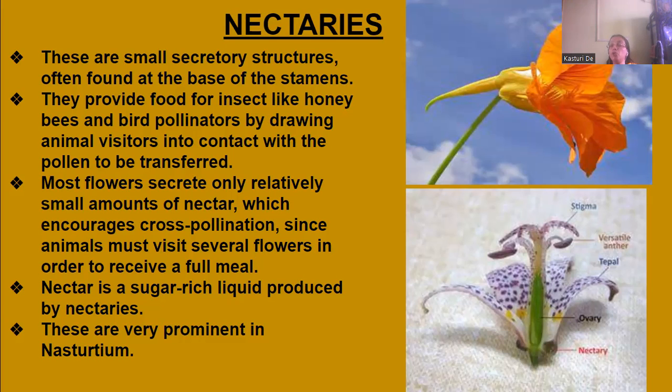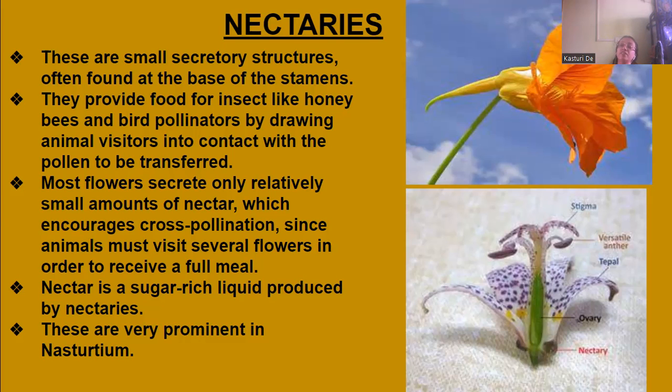They provide food for the insects like honeybees and bird pollinators by drawing animal visitors into contact with the pollen to be transferred. Okay. When the animal visits the flower, they attract those animals towards the flower, and when they visit them, the pollen grains get attached to their body and they help in pollination.